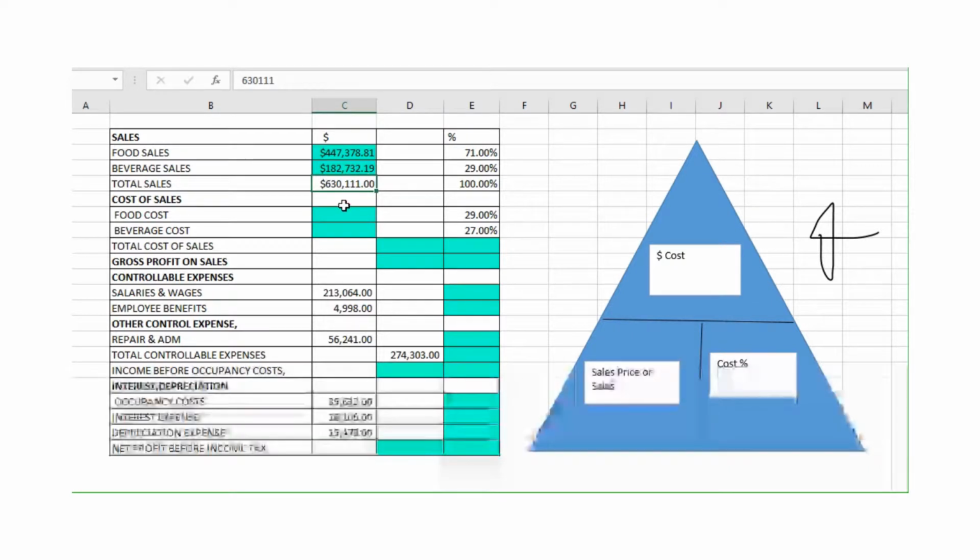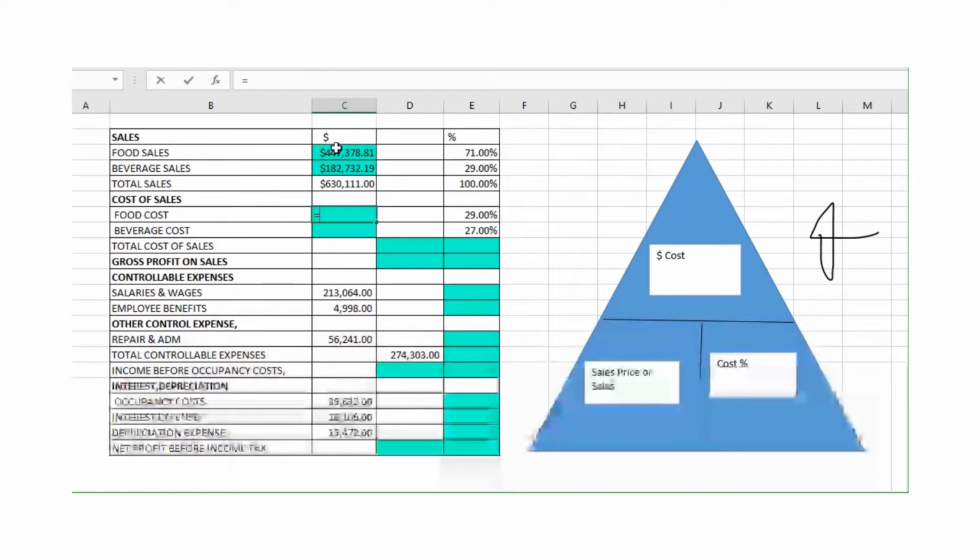Now, moving on down the worksheet, we want to look at our cost of sales and our gross profit. We know that our food cost was 29% of our food sales. So again, using the costing triangle, we know the sales and we know the cost percentage, so we multiply the two together to get our dollar cost.